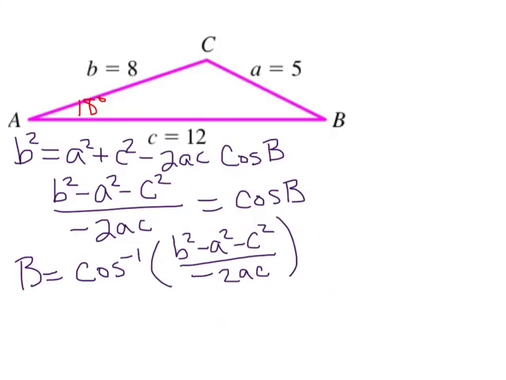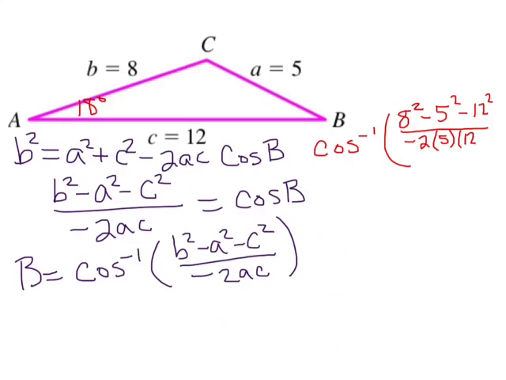Okay, so I'm going to find cosine inverse of, let's see, b squared is 8 squared, minus a squared, which is 5 squared, minus c squared, which is 12 squared, divided by negative 2 times a again, which is 5, and c again, which is 12, and we close it off there.